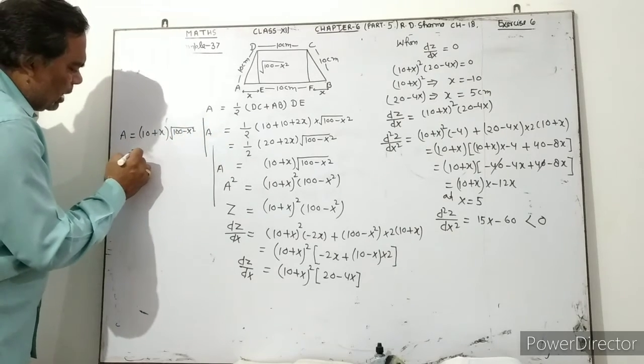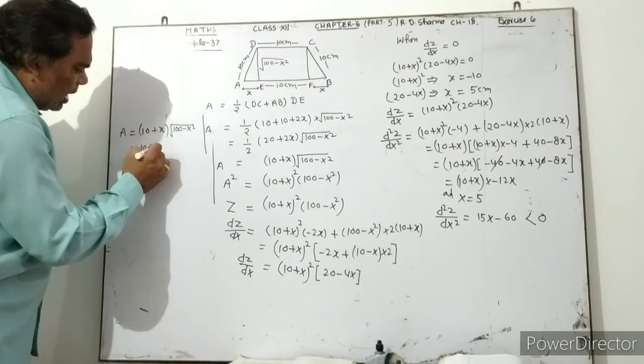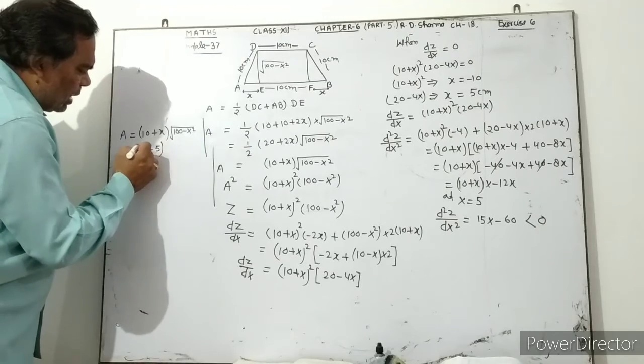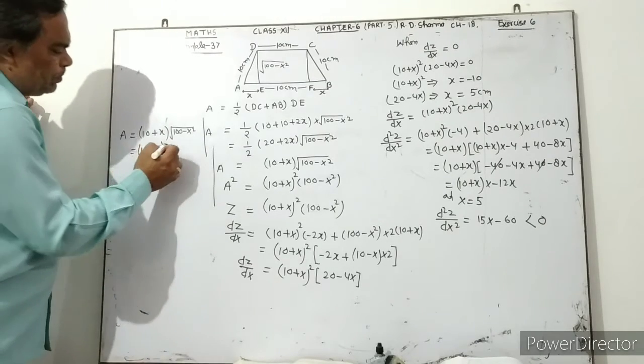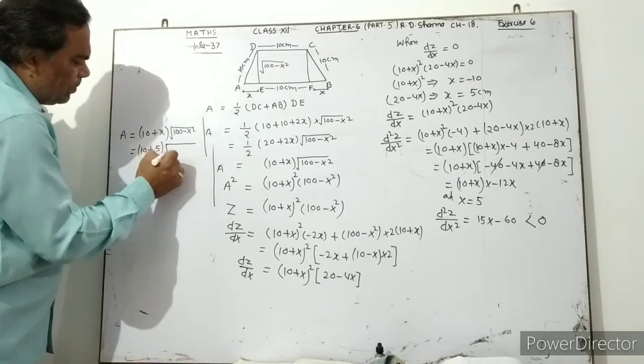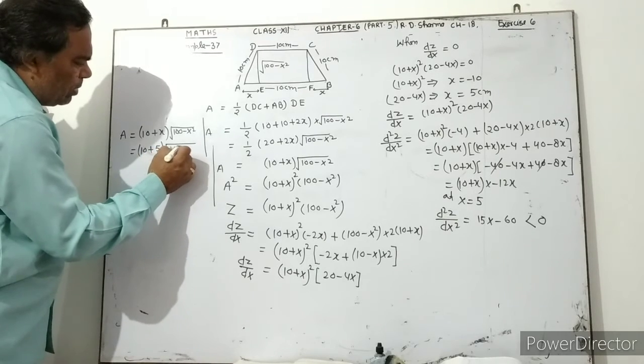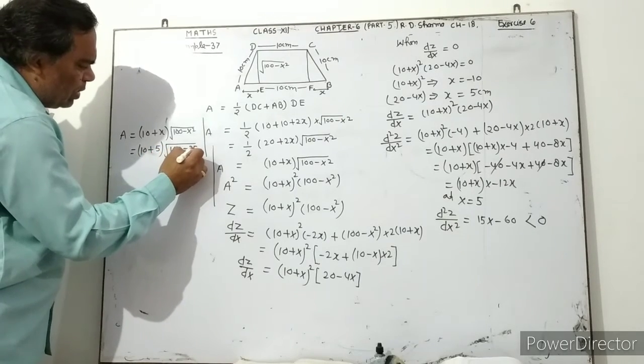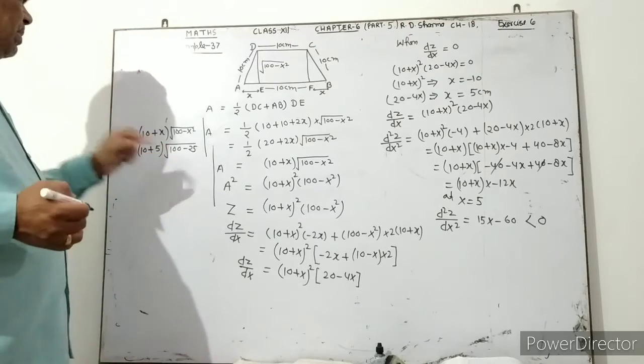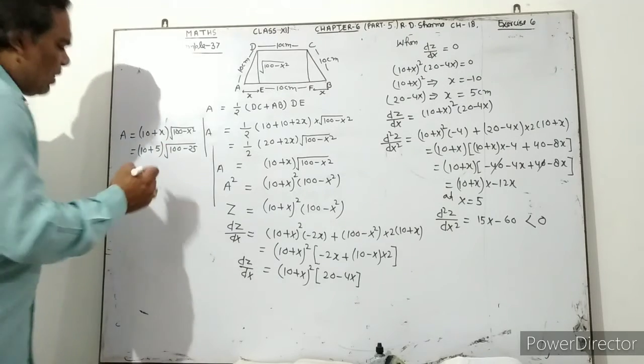Now 10 plus x is the 5. And this is the 100 minus 25, 100 minus 25, this is the 75.